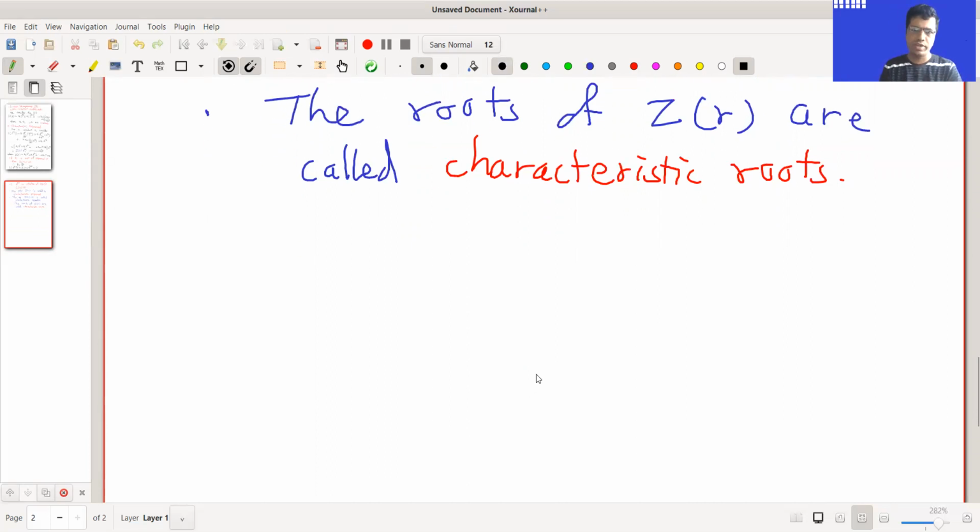Now we discuss various cases to find the general solution.